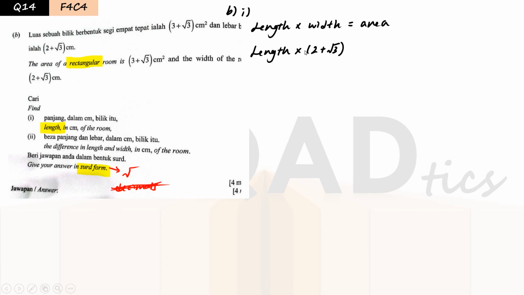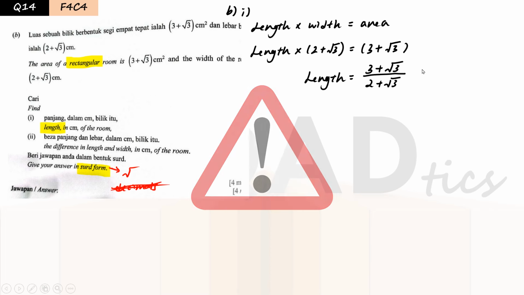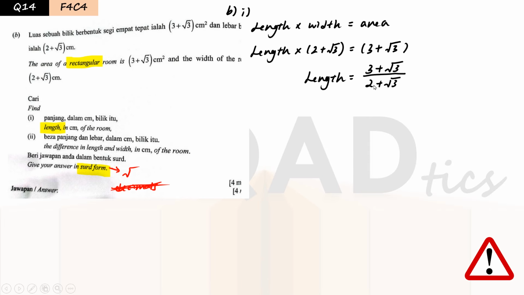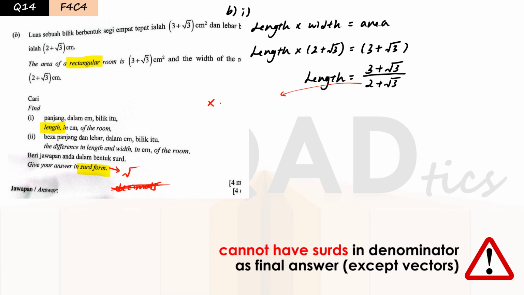The width is 2 plus square root 3 and the area is 3 plus square root 3. To find the length, I'm going to move this to the other side. But this cannot be our final answer because remember, the denominator cannot have surds or square roots.